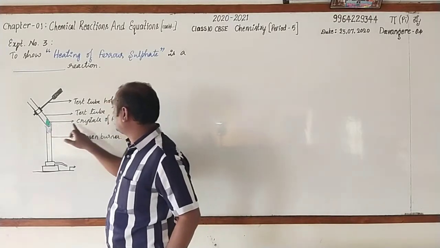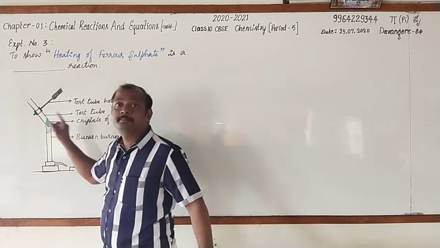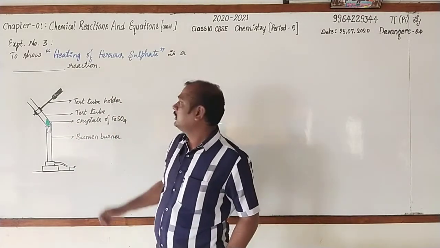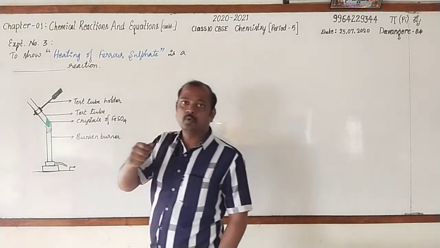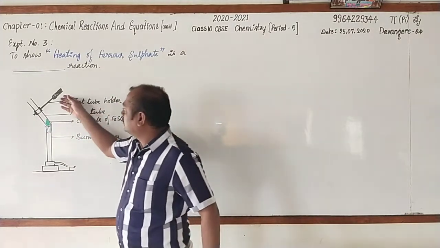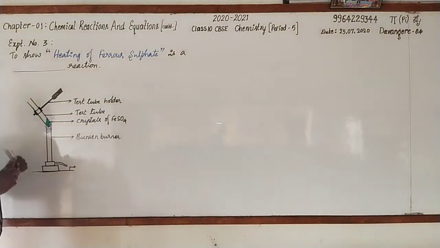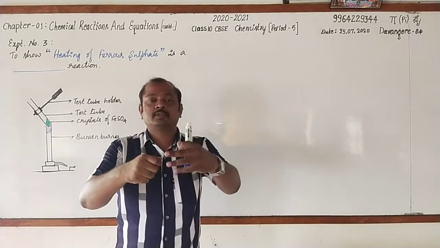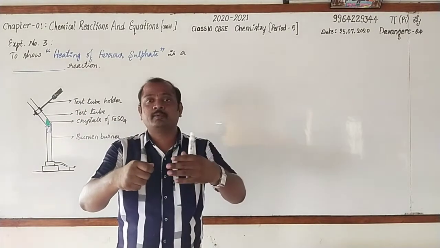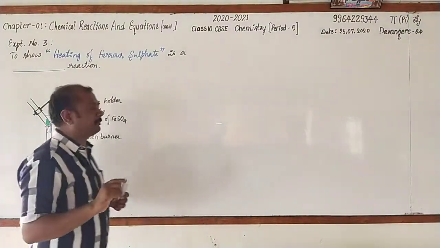In it we have taken some crystals of iron sulfate. We know that its color is pale green. Then fix the test tube to the test tube holder and start heating it in the Bunsen burner flame. Please do remember, when you are heating, the mouth of the test tube should be away from your face. Got it? Please remember that.